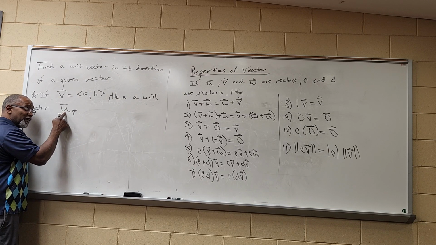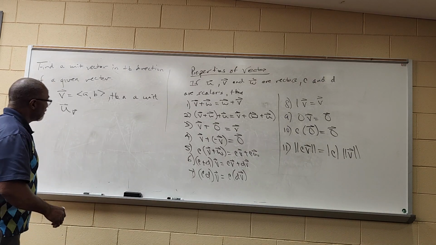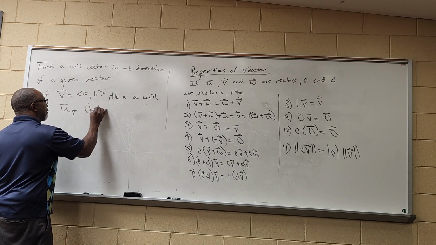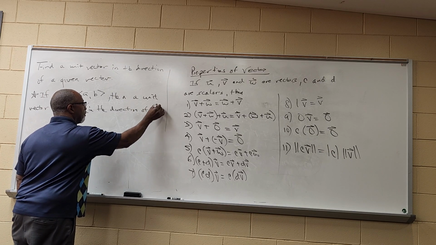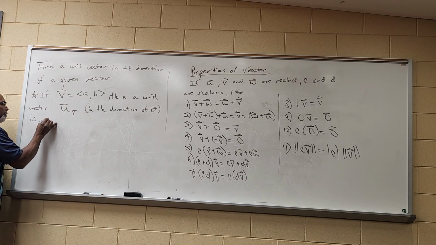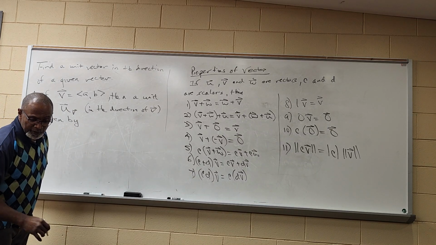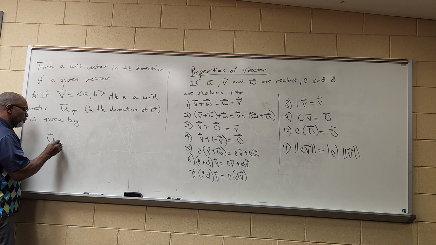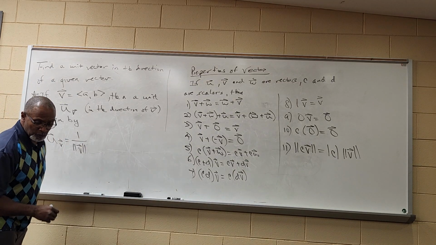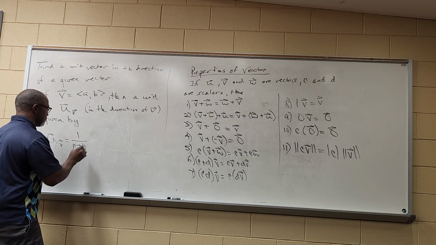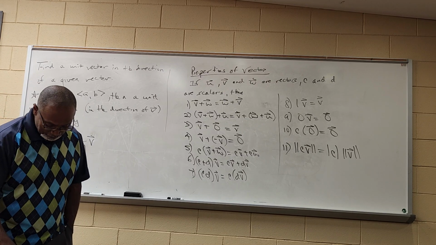So the unit vector u in the direction of v is given by u equals 1 over the norm of v times v. That's how I find a unit vector in the direction of a given vector.